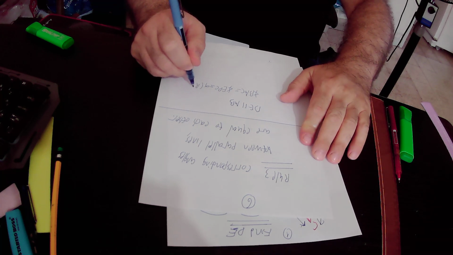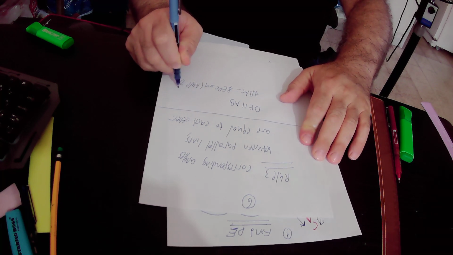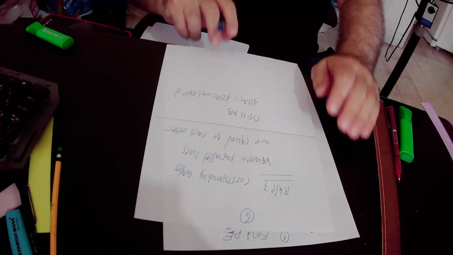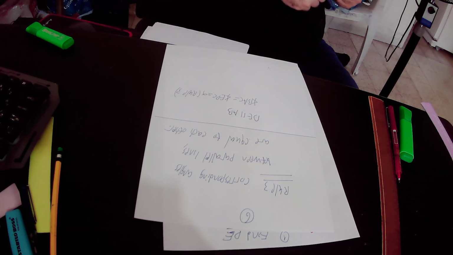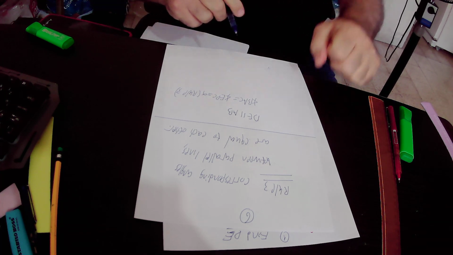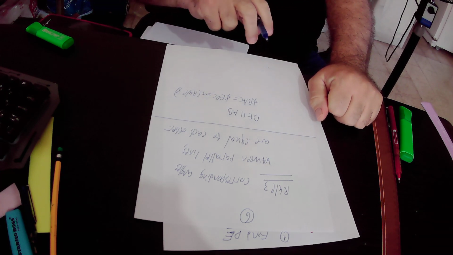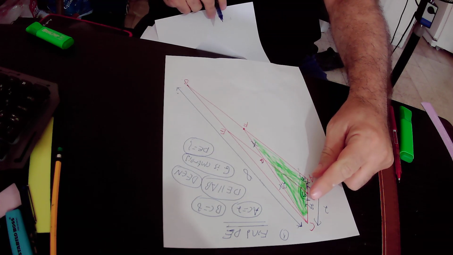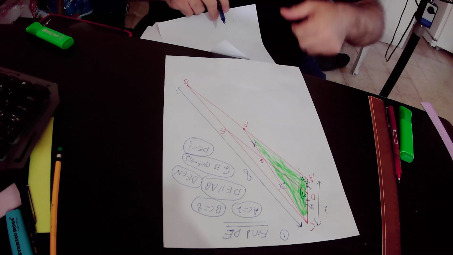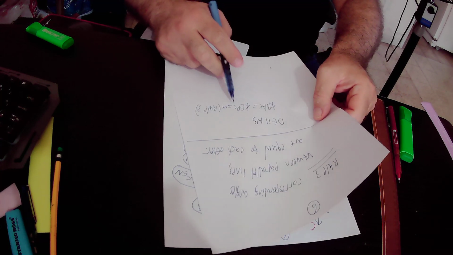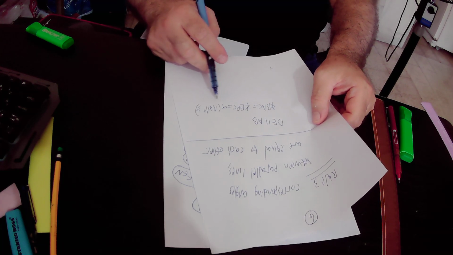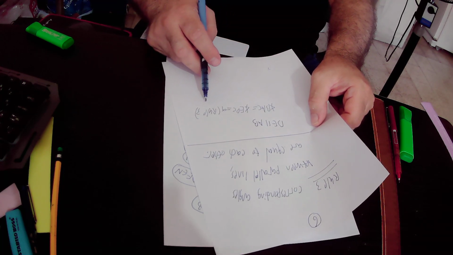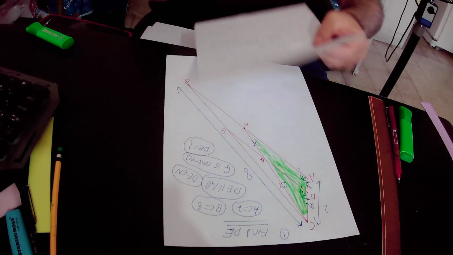So again, according to rule number 3, those two corresponding angles located between parallel lines are equal to each other. So angle BAC equals angle EDC, and if one is equal to alpha, then the other will also be equal to alpha.